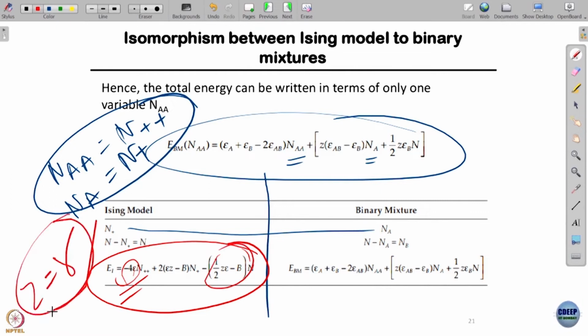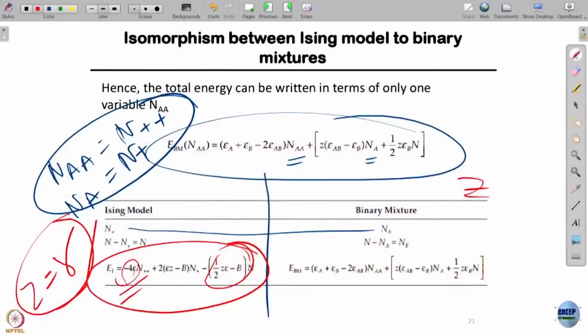I am sorry about the change of notation, but Z is very common in polymer literature, while gamma is quite common in the Ising model. Z is also used in the Ising model as the coordination number. Actually, chemists like Z more, whereas in physics gamma is the nearest neighbor interactions, partly coming probably from Kerson Huang's famous textbook of statistical mechanics. But the main thing is that there is a complete isomorphism between them.